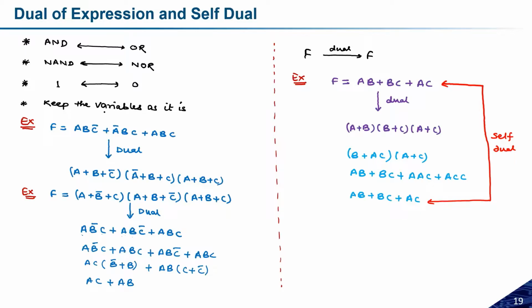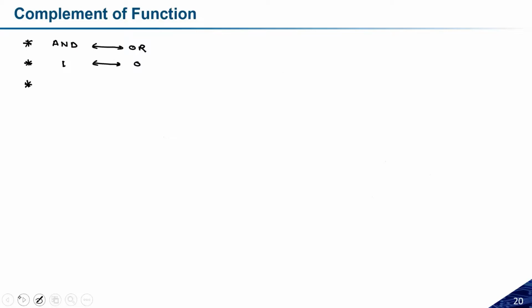And the third and very important point, which is different from the duality one: in duality, what we saw was to keep the variable as it is. This was the point we needed to consider, especially in the dual of an expression. But if I have to find the complement of an expression, in that case, complement each variable. Previously, I was keeping all the variables as they are.